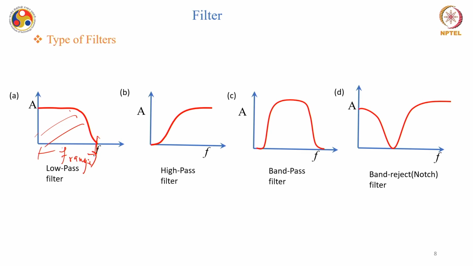A high pass filter, as the name suggests, will pass only higher frequency signals, and you can see that the lower frequency component is getting suppressed. A band pass filter will allow signals to pass in a particular band. And a band reject or notch filter will allow signals of lower and higher frequency to pass, and it will reject a certain range of frequencies.